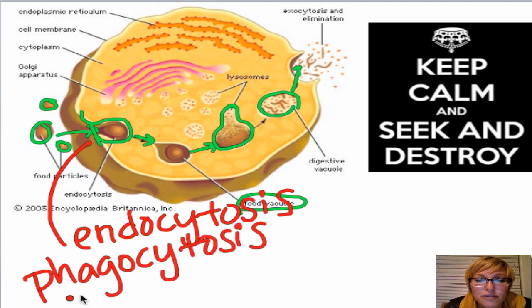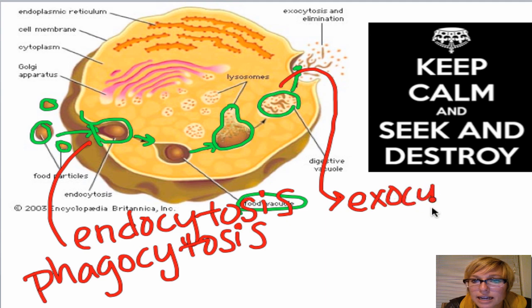Okay? So phagocytosis has to do with folding in or actually folding out a large molecule. When molecules need to leave the cell via the cell membrane, we call it exocytosis, and that is the membrane folding out.